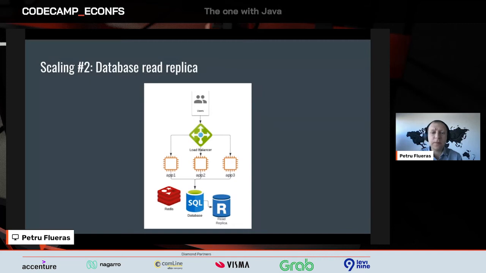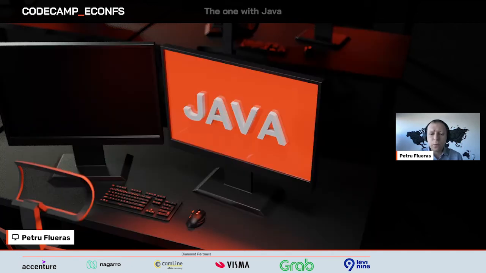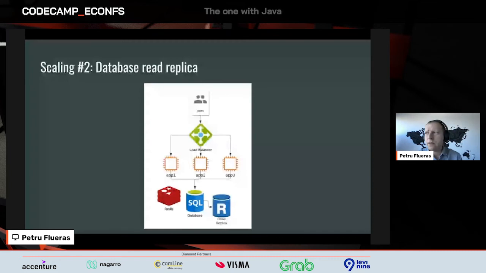For instance, HTTP GET can be easily handled by a read replica. In this step, we offload the writer, the main database, of many read requests, and the application decides on which database the query will be run.